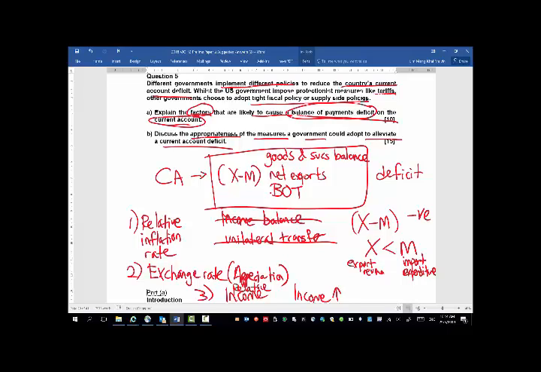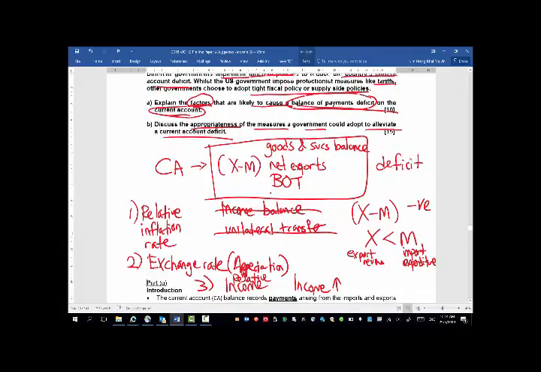Assuming your balance of trade originally was at equilibrium, this fall in X minus M will lead to a deficit. And then from here, you talk about how your balance of trade deficit will lead to a current account deficit. Okay, and that's your answer.